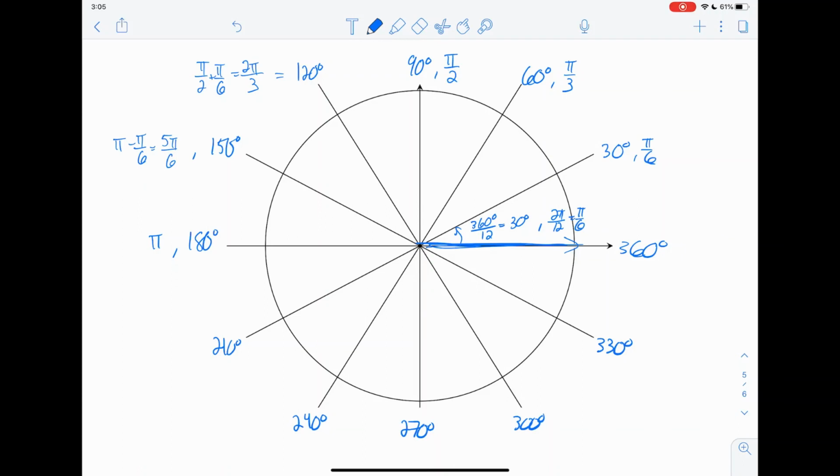And in exactly this way, you can proceed around the remainder of the pi, and you'll end up with, for example, 270 is 3 pi over 2. Something like 330 is the same as 2 pi, a full pi, minus pi over 6, which of course turns into 11 pi over 6.